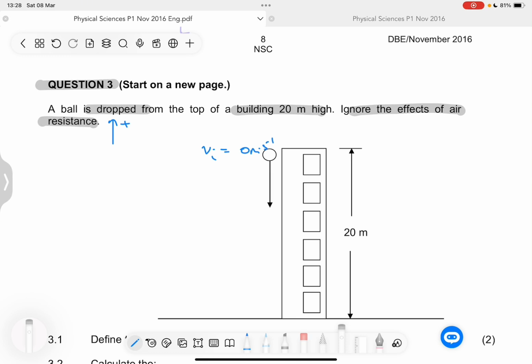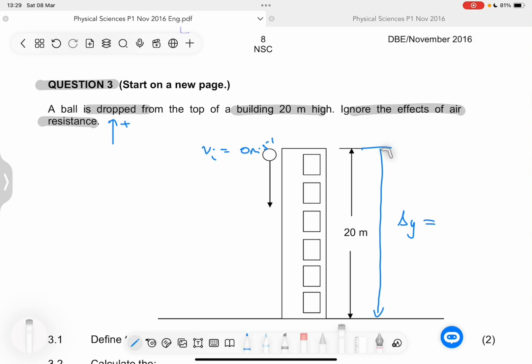And the other thing that is interesting here is that our ball will move from here and come down there. That means it will have a vector that moves from here to the ground, and that vector is the displacement.